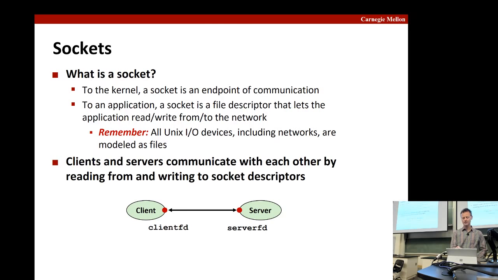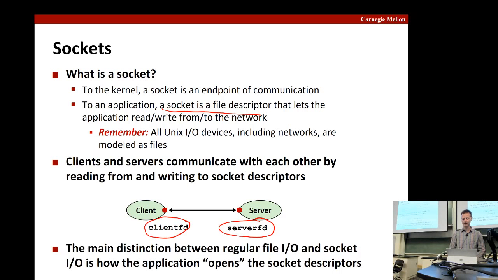So what is a socket? This endpoint of communication. A socket is a file descriptor, as I mentioned. There's going to be a client file descriptor and a server file descriptor, and by either reading or writing to that quote-unquote file, you're actually sending along the network.